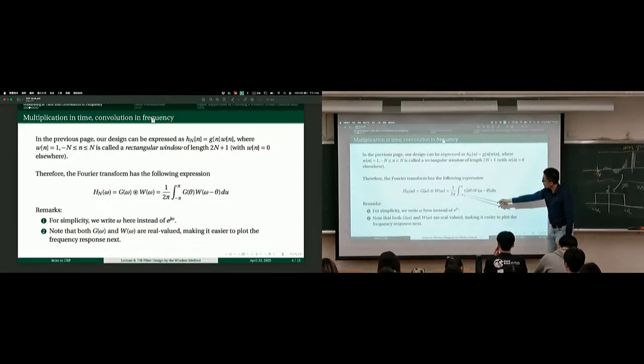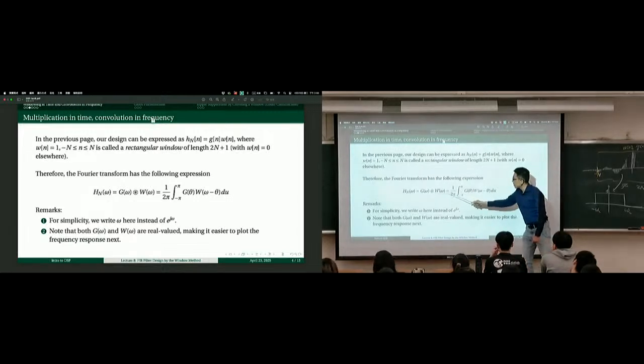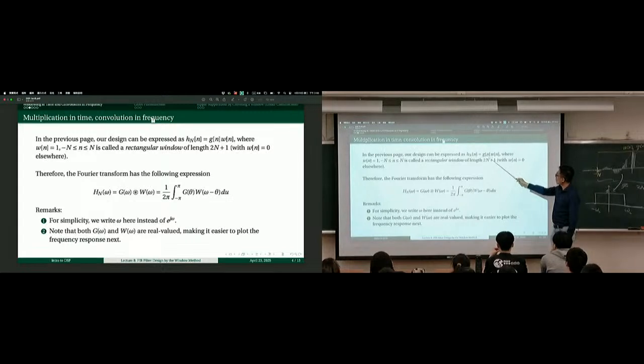By multiplying two signals in the time domain, the corresponding operation in the frequency domain is convolution. So multiplication in time, convolution in the frequency domain. Still, we retain this notation of small letters for time domain, capital letters for frequency domain.